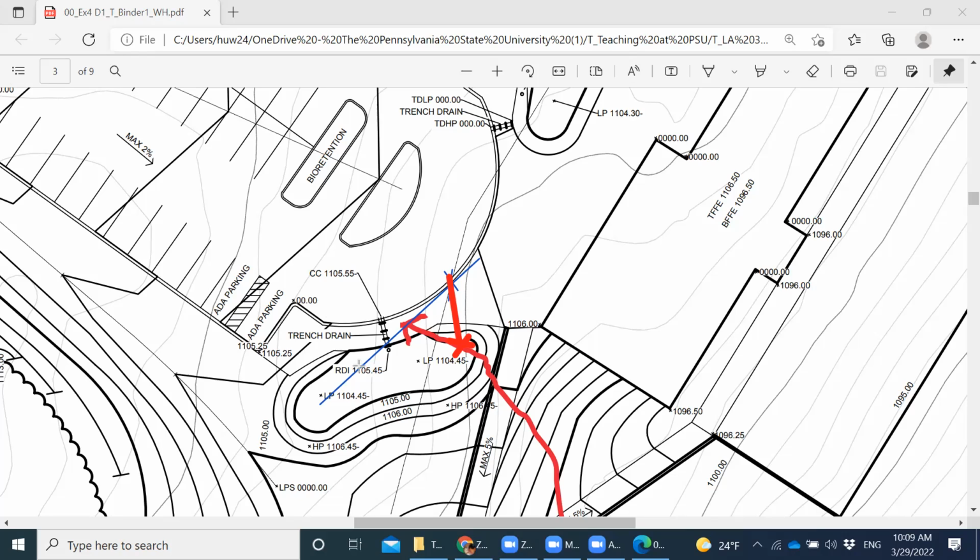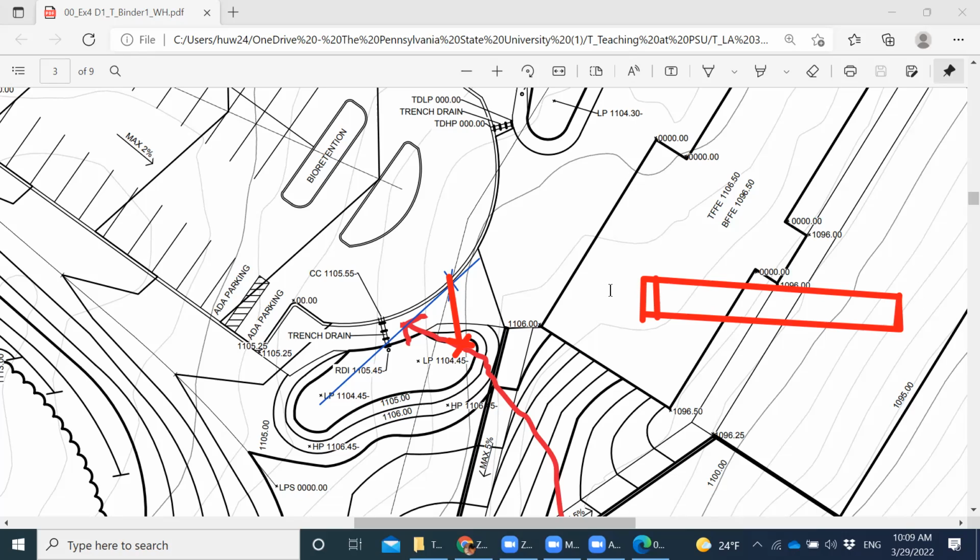I'm sorry, I misspoke about that. So this one, your trench drain would actually be, let me draw it out. So this is going down. That's your curb. There's no curb over on this side anymore.